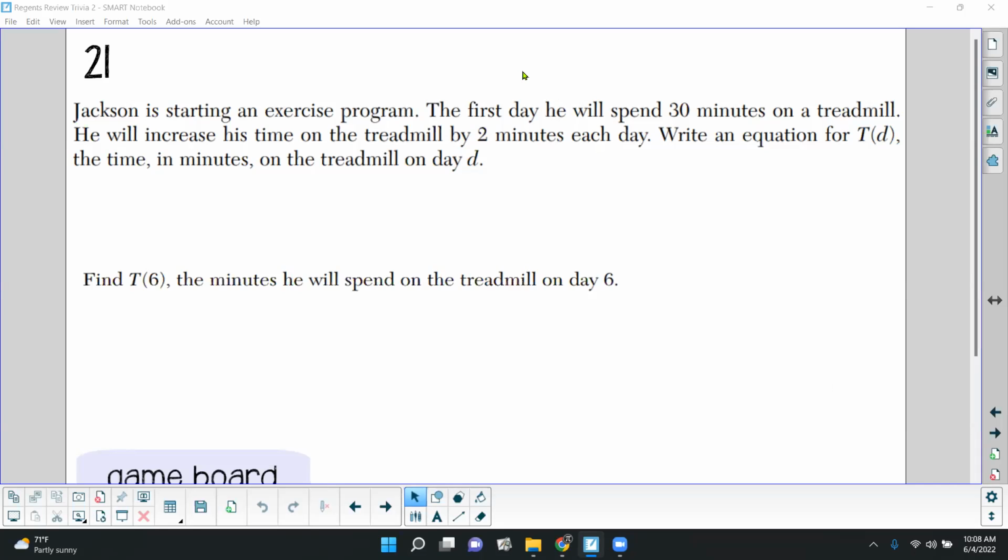Oh, I lost somebody. All right, I got my calculator out in case we need one.